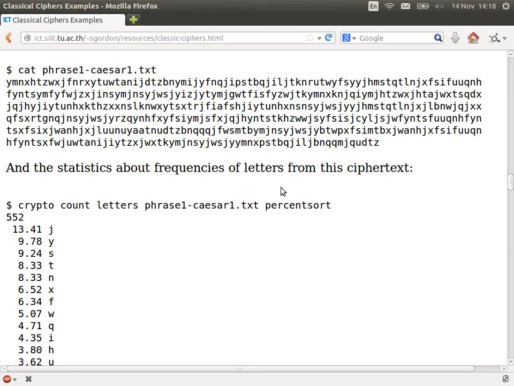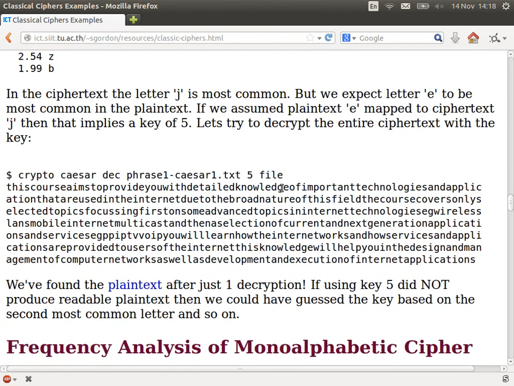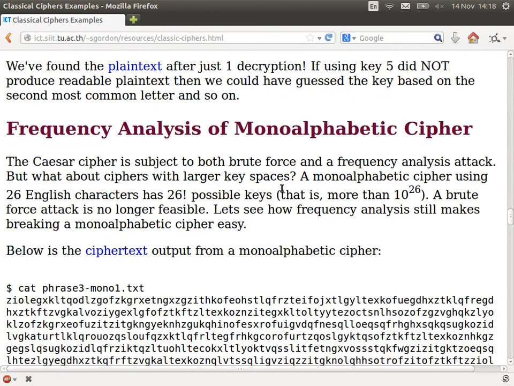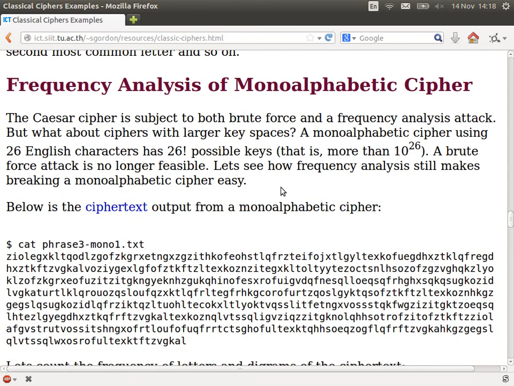We see J is the most frequent, about 13%. So I make the educated guess that J in the ciphertext maps to E in the plaintext. And I try that. And if you try it, then you immediately get the plaintext. That's with a Caesar cipher. And you can do the same with a monoalphabetic cipher. It's just a little bit more involved.